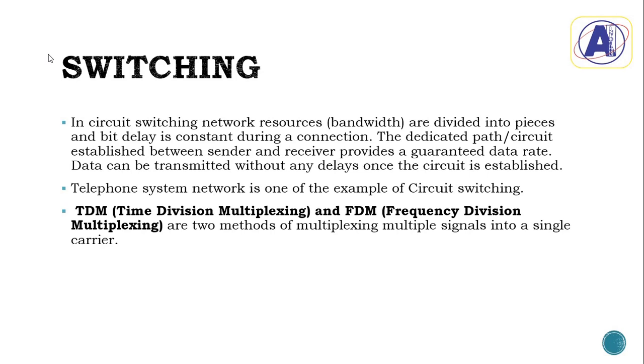So in circuit switching, network resources and bandwidth are divided into pieces, and bit delay is constant during a connection. The dedicated path, the circuit established between sender and receiver, provides a guaranteed data rate.